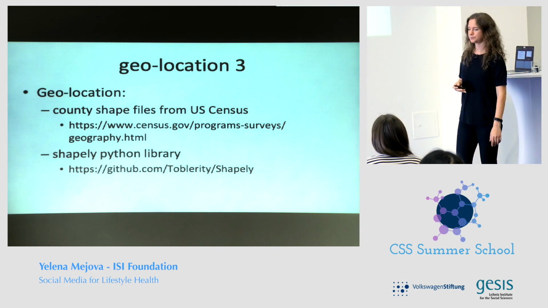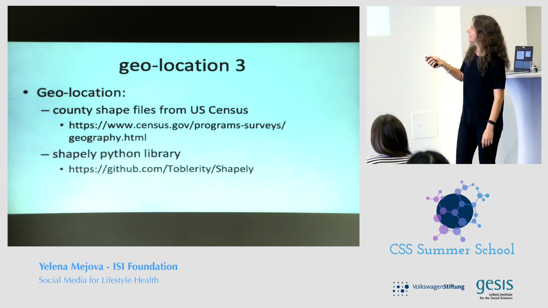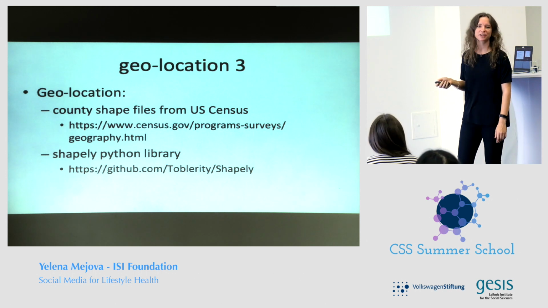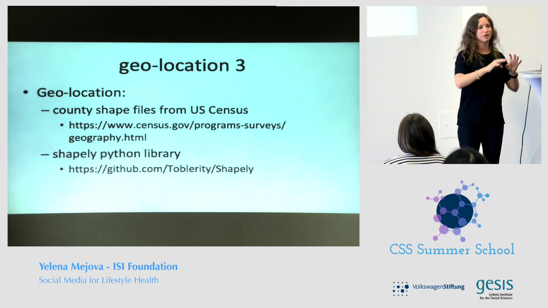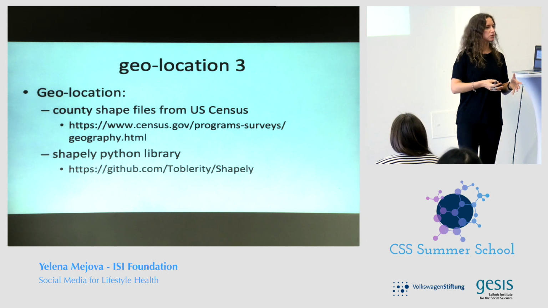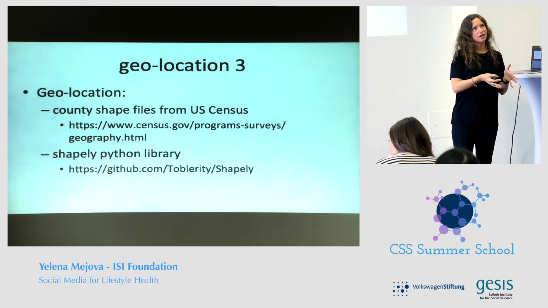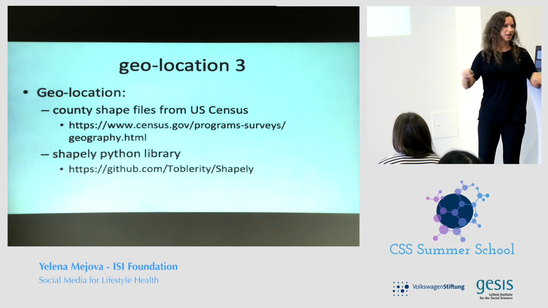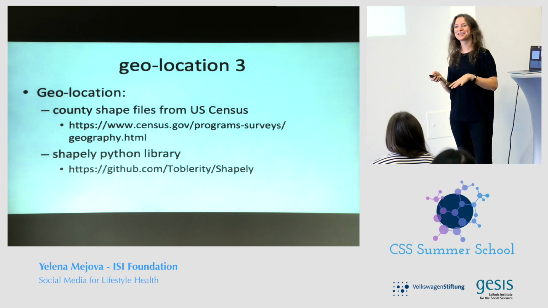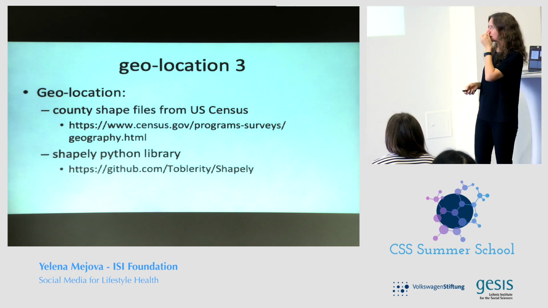I keep on talking about geolocation because it's really important. Once you're relating internet to real life, this step is really important, even though it has nothing to do maybe with the methodologies we talk about here.